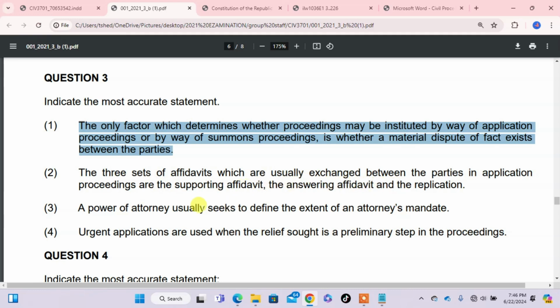Then I want to teach you something so that you understand about the affidavit in the application proceedings before I finally move on to another question.